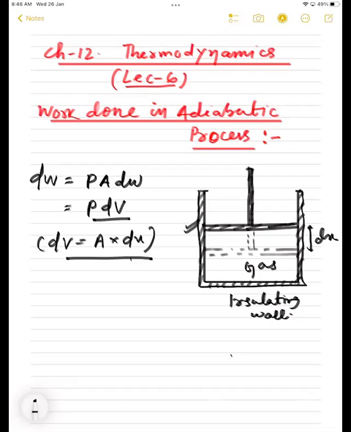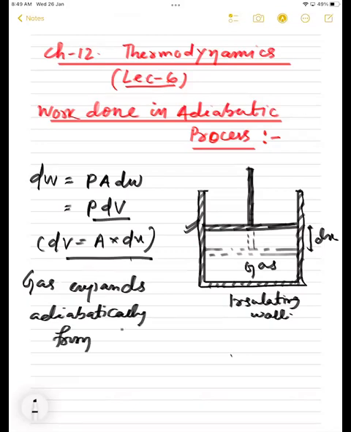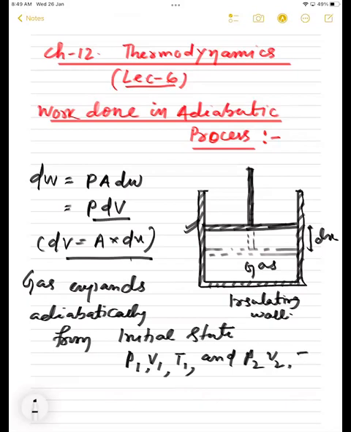So here the gas expands adiabatically from initial state P1, V1, T1 to final state P2, V2, T2.